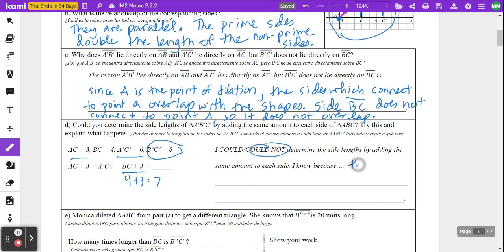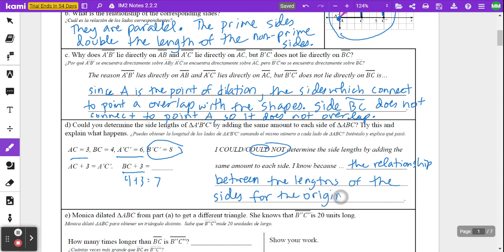I know because the relationship between the lengths of the sides for the original and dilated triangles is multiplicative, not additive.